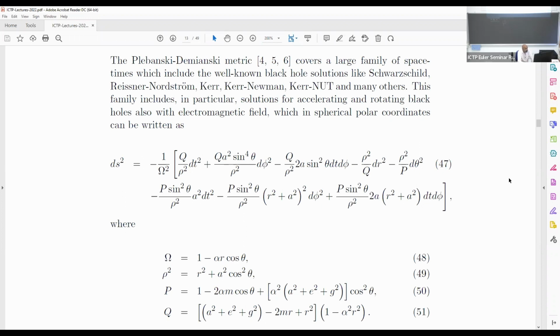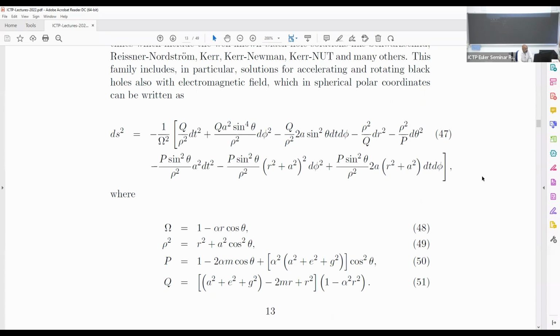Basic solutions are the solutions that we discussed yesterday. There's a table available in the literature and in some books. This solution reduces to about 20 basic solutions. So all the four solutions that we discussed yesterday, Schwarzschild, Reissner-Nordstrom, Kerr, and Kerr-Newman, can be obtained from this solution very easily.